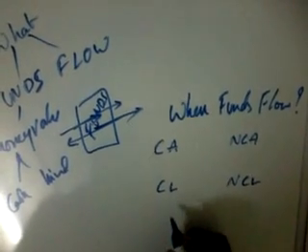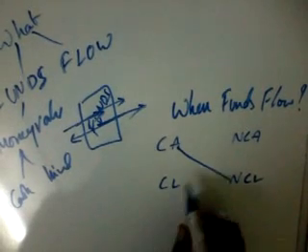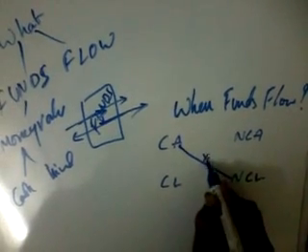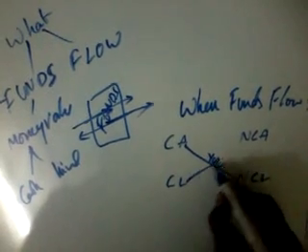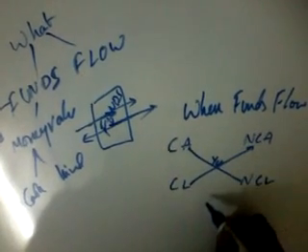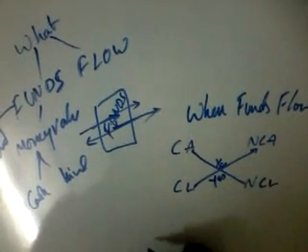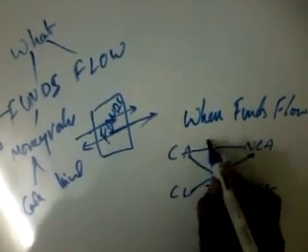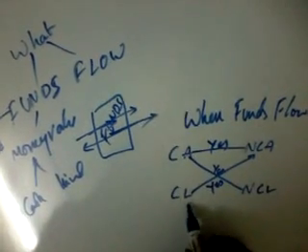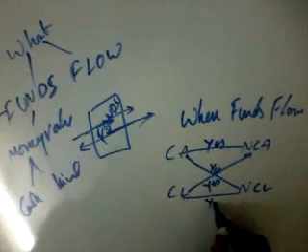If it is a transaction between a current asset and a non-current liability, then funds will flow. If it is a transaction between a current liability and a non-current asset, then funds will flow. If it is a transaction between a current asset and a non-current asset, then yes, funds will flow. In the same manner, current liability to non-current liability, yes.